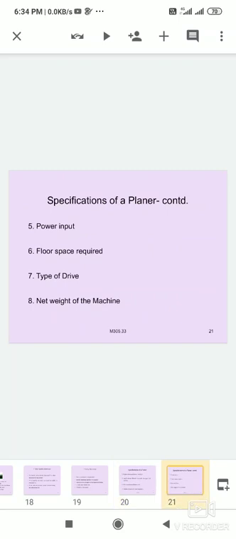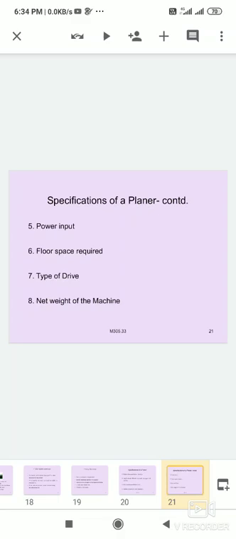And the power input: how much power is consumed, the motor capacity, how much HP value. It is important for power input.